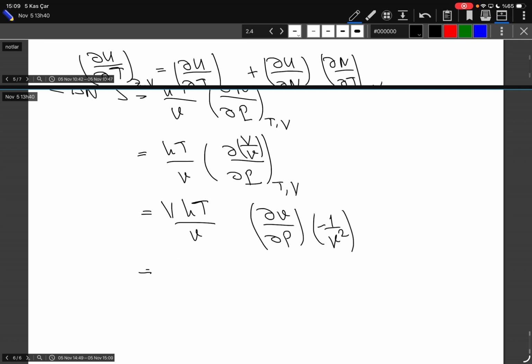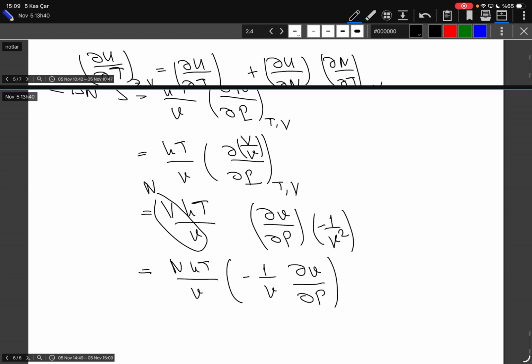Which is equal to, well, this is n kT over small v minus 1 over v times the derivative of the volume per particle with respect to the pressure at constant temperature.